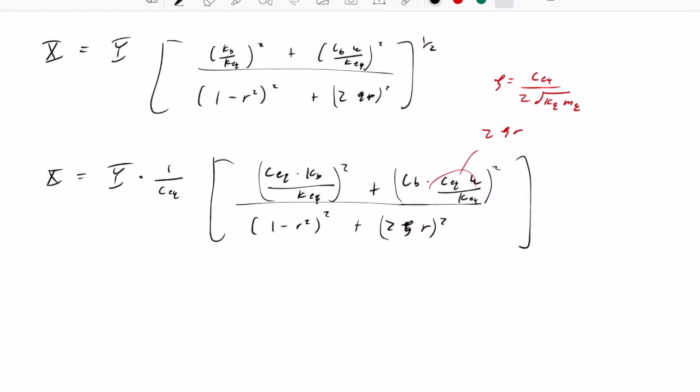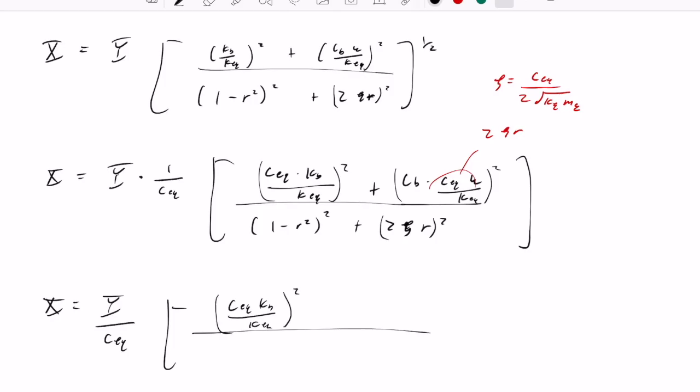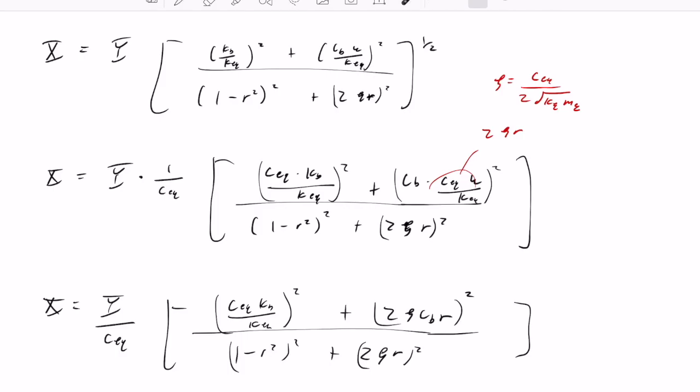Okay. So now we have x is equal to y over CEQ times CEQ KB over KEQ squared plus 2 zeta CBR, so that's a new term that didn't exist before, squared, divided by 1 minus r squared plus 2 zeta r squared, okay?